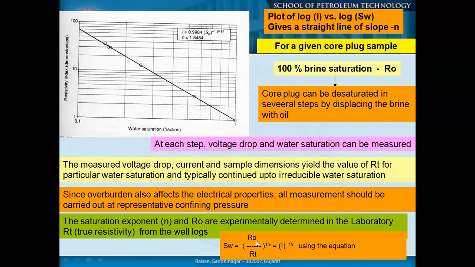SW is equal to, or we can change this formulation slightly, RO into phi to the power N, divided by RT, into 1 upon N. So this is phi to the power M. That is another formulation which you can use to get our total water saturation.